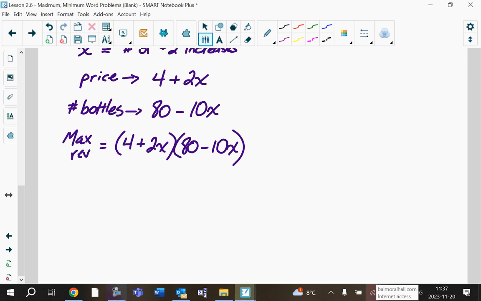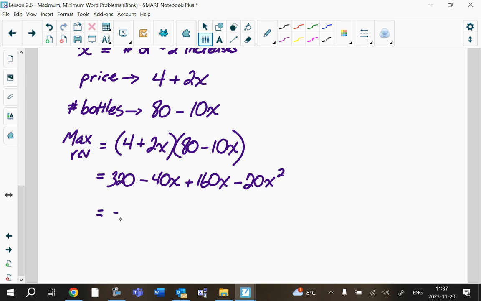After multiplying them through to get rid of the parentheses, I should end up with 320 minus 40x plus 160x minus 20x squared. Put them in the right order, so the minus 20x squared comes first. Combine the x's to make positive 120x. And I've got a 320 at the end.